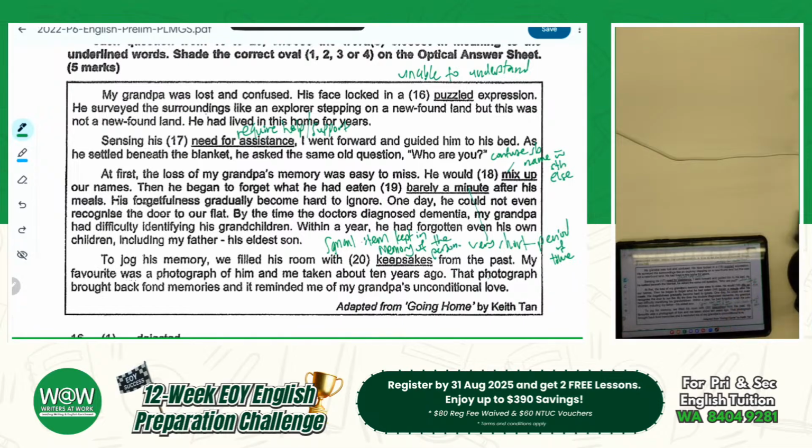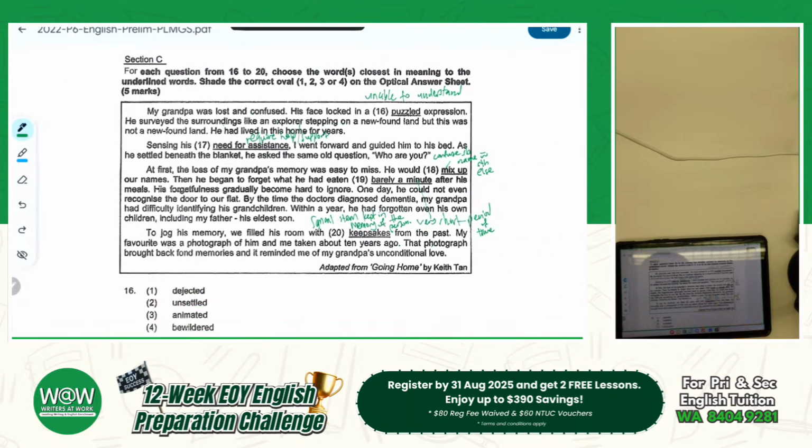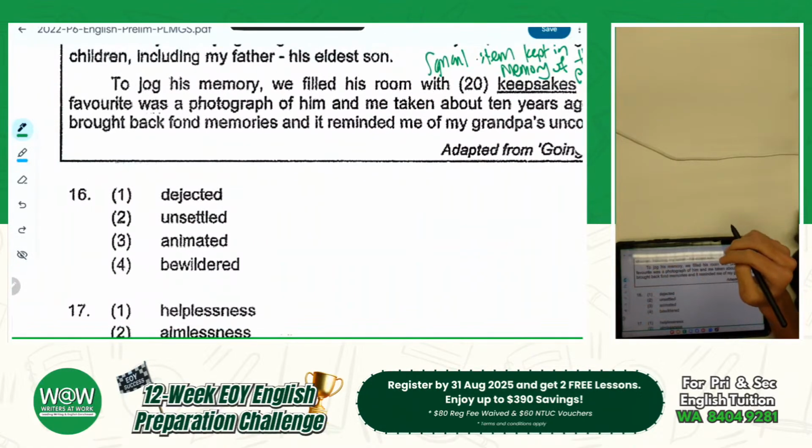So with all this in mind, let's take a look at the options. So for question 16, we are looking at how someone is unable to understand something, is confused, right? So the first one is dejected. Dejected means sad and depressed. Okay, unsettled here means you are nervous or worried.